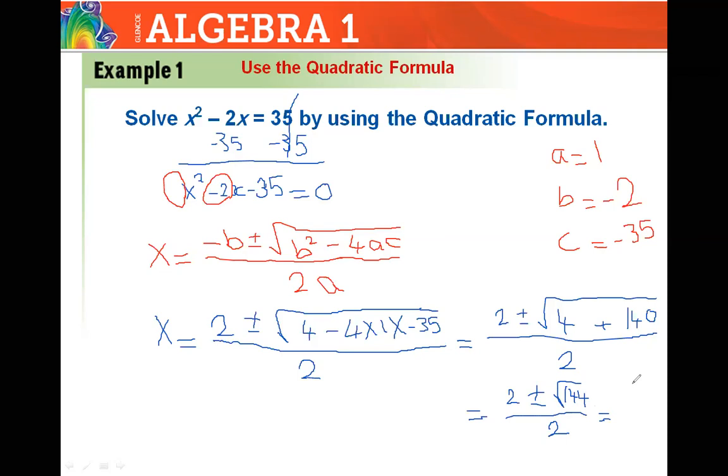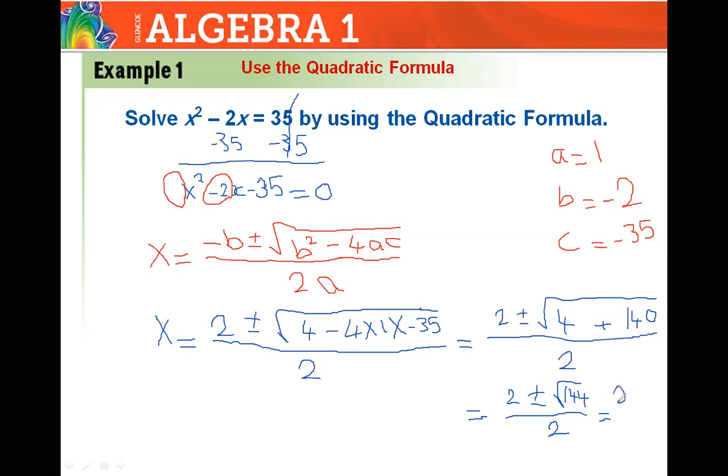What number times itself equals 144? I need two numbers, and the two numbers are the same. If you multiply them, you get 144. It's 12. 12 times 12 is 144.